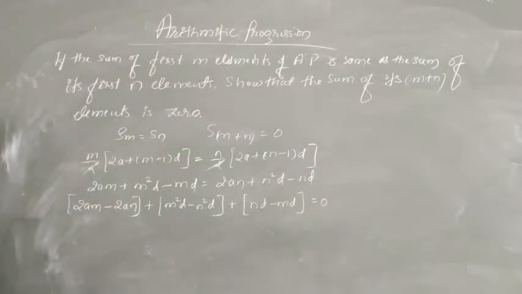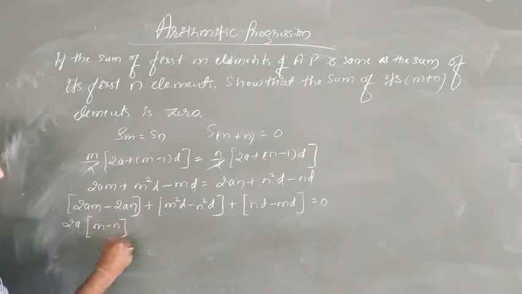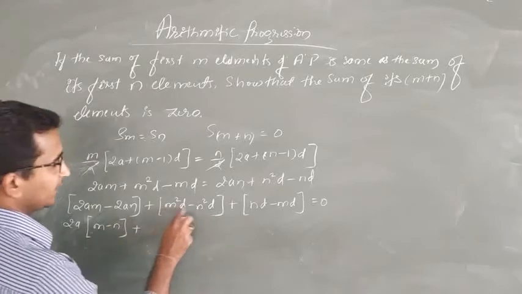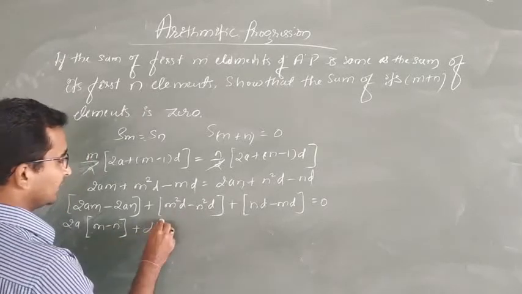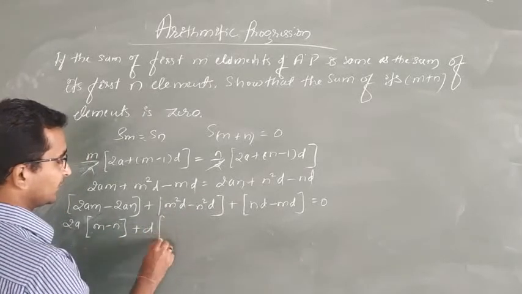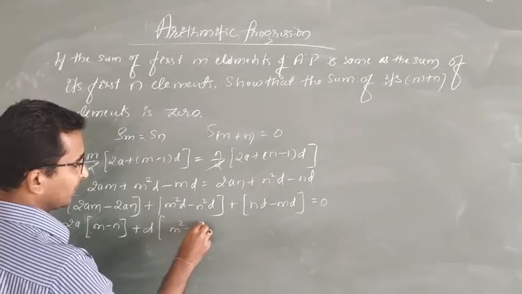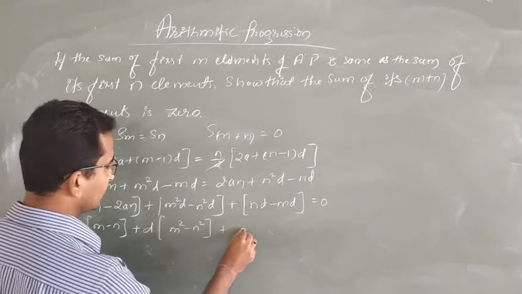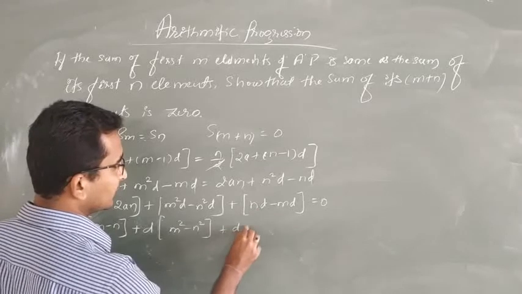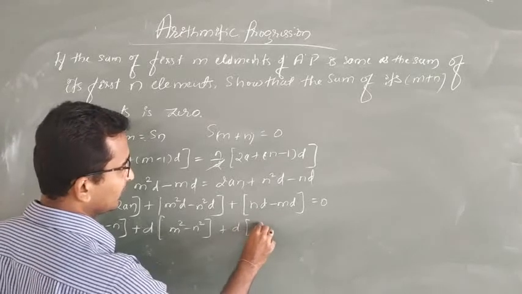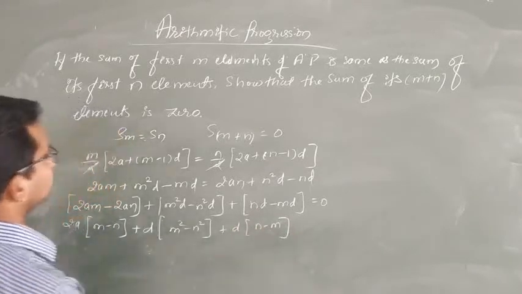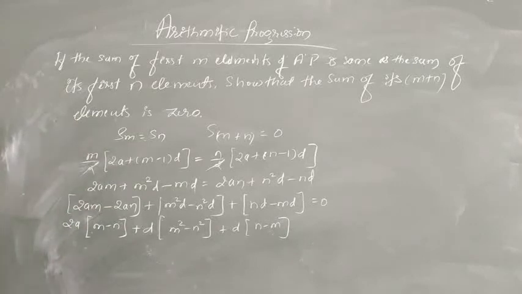Now here 2a is the common factor, then m minus n, plus here d is common, then m square minus n square, plus here also d is common, then n minus m.